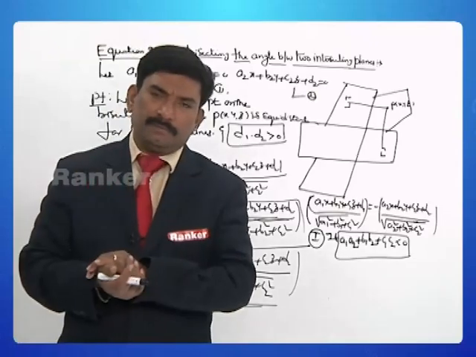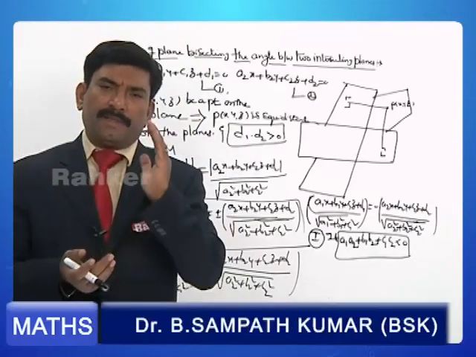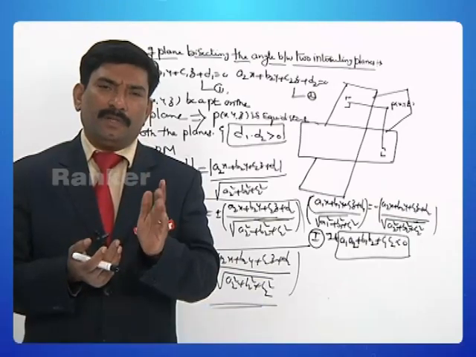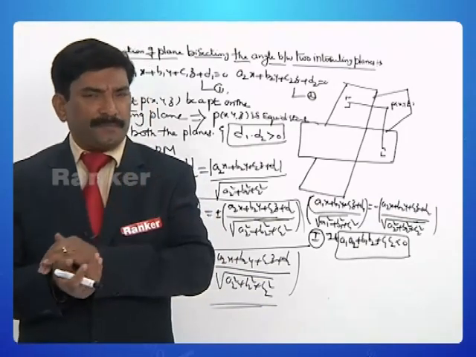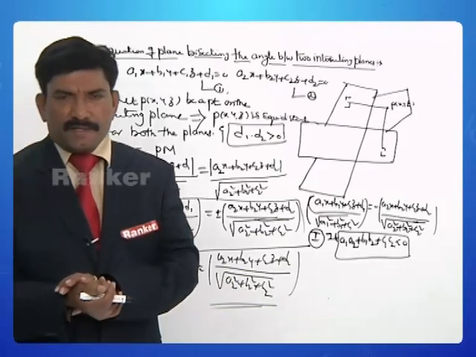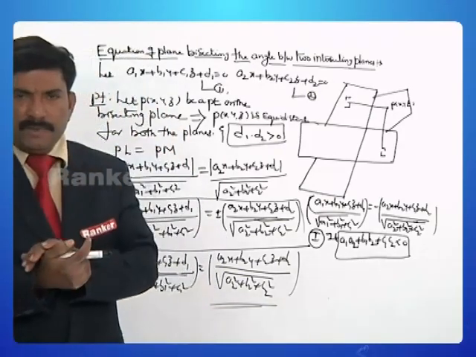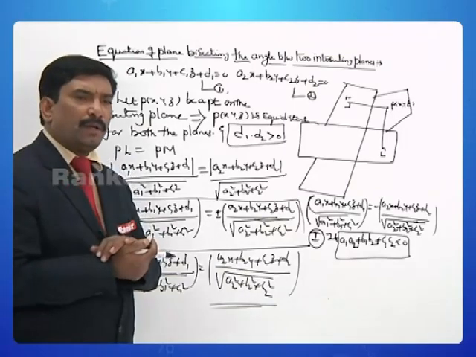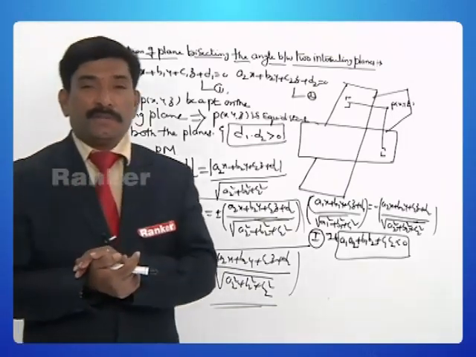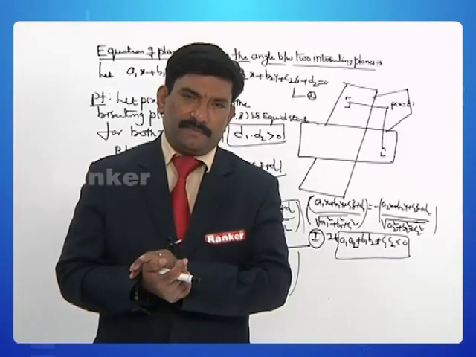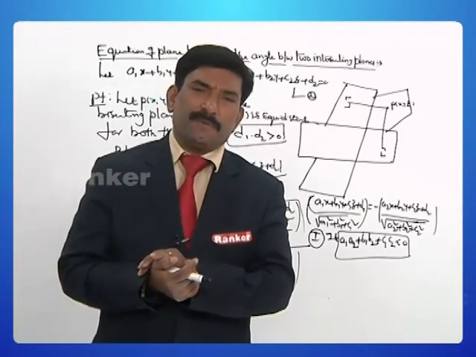Look here. The sum of the products of the coefficients of x, y, z is negative, then what is the equation of the acute bisector? And what is the equation of the obtuse bisector?